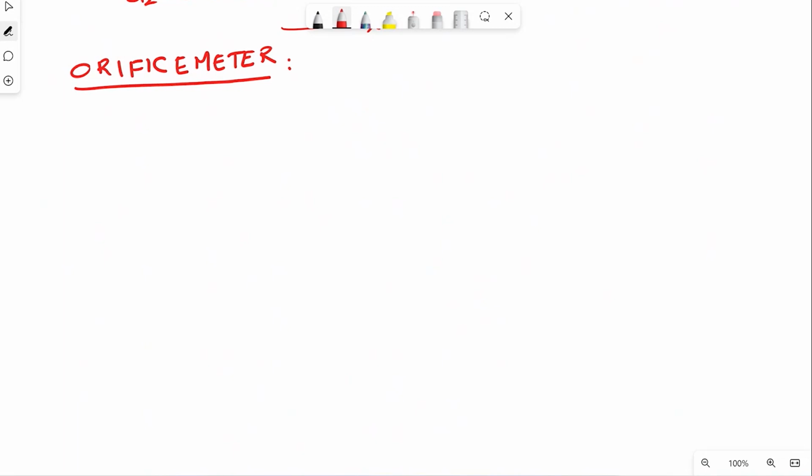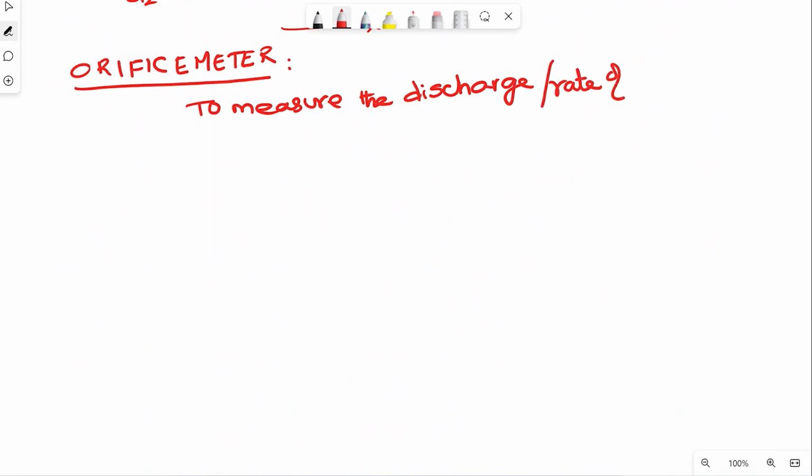Orifice meter is also again, the purpose is to measure the discharge or rate of flow in pipes. This is the fundamental purpose, right?